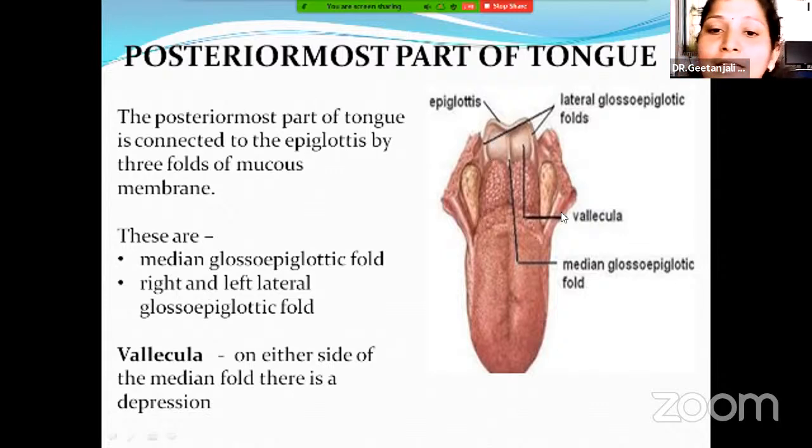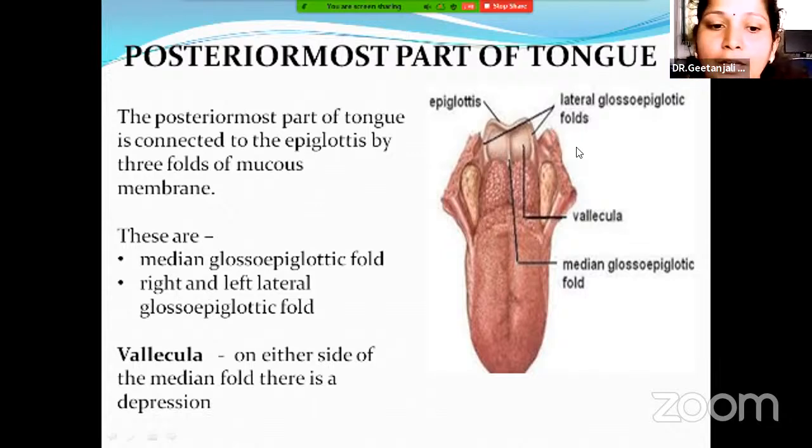This median glossoepiglottic fold is present medially, and there are two lateral folds: one is the right lateral glossoepiglottic fold and one is the left lateral glossoepiglottic fold.